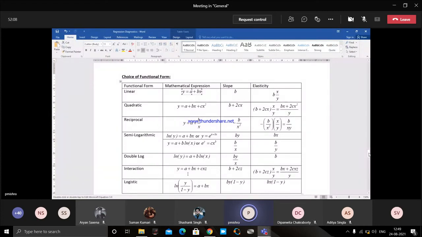Then interaction term, we discussed in last lab class the importance of having an interaction term. Often we miss it out. Someone in that class was talking about the complementarity or substitutability. Yes, it's very, very important.